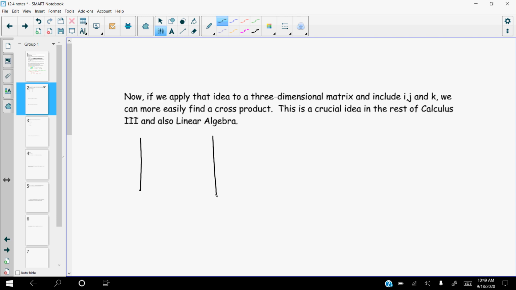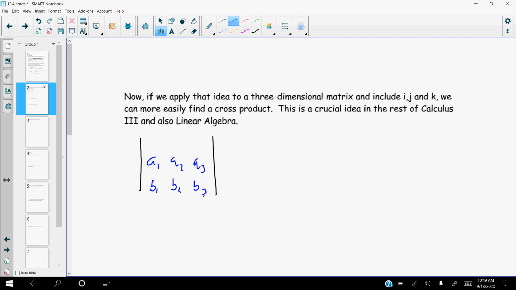So now we have a 3 by 3 matrix. Let's say that, again, we have 2 vectors. The first one is A1, A2, A3, because now they're 3-dimensional, and the second vector is B1, B2, B3. In order to do the determinant, first of all, it can only be done if the matrix is a square matrix, meaning a 2 by 2, a 3 by 3, a 4 by 4, a 5 by 5.